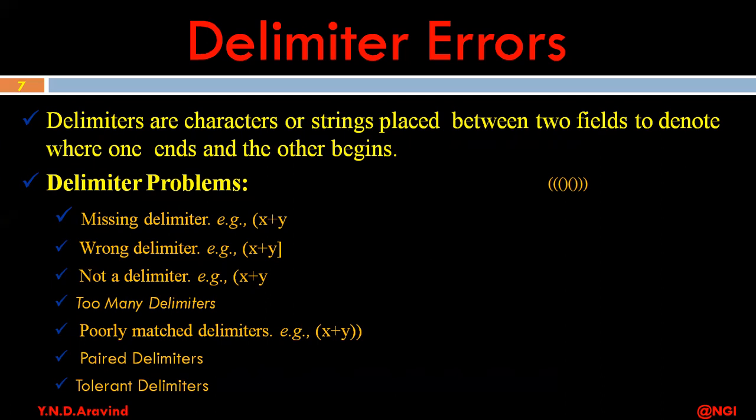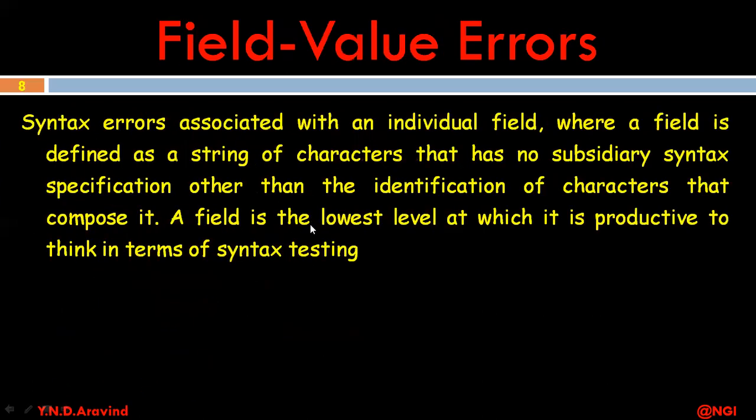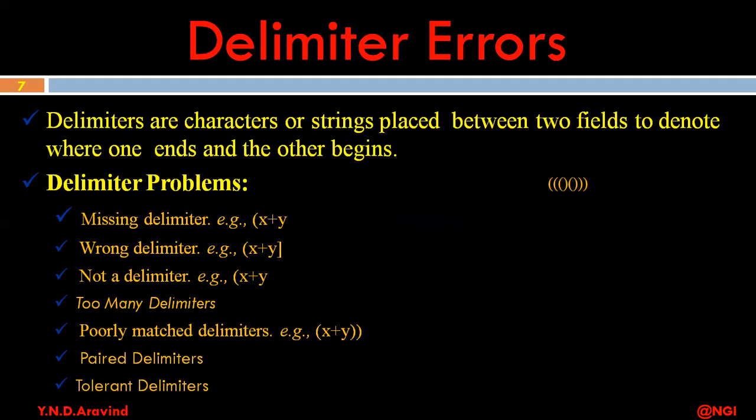First one is missing delimiter. This kind of error causes adjacent fields to merge. This may result in a different but valid field, or may be covered by another kind of syntax error.